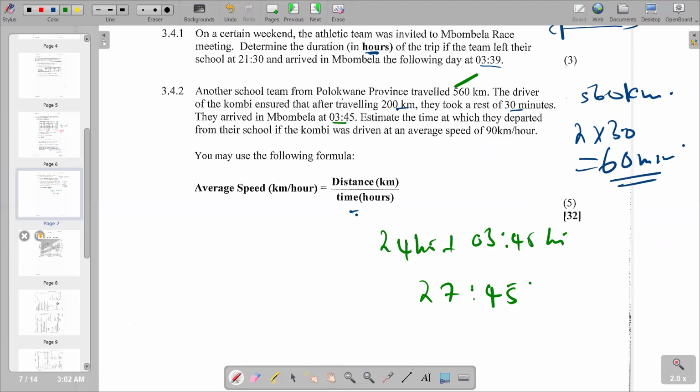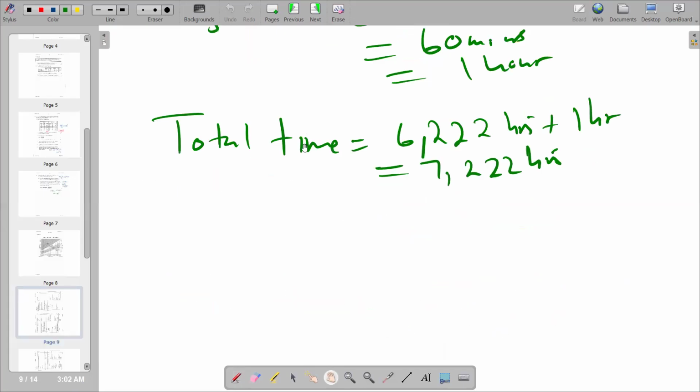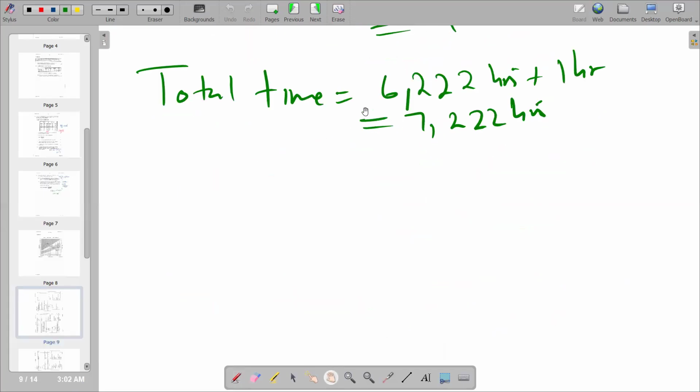Let's just try to see. The time that we have is 7.222 hours. So obviously we need to convert 0.222 hours to minutes. So we're going to say 7 hours plus 0.222 hours.